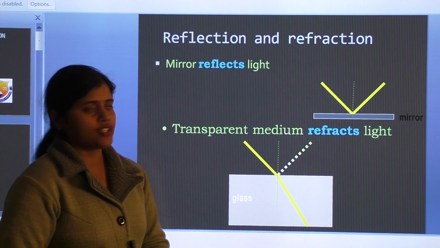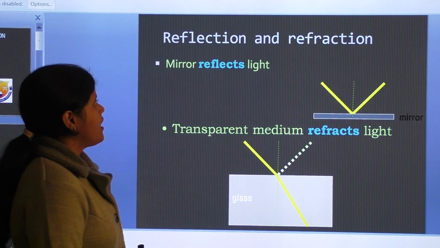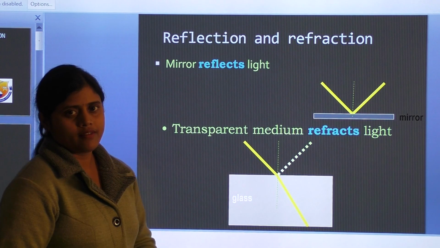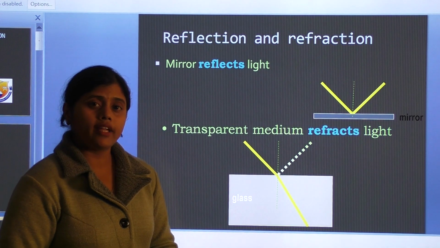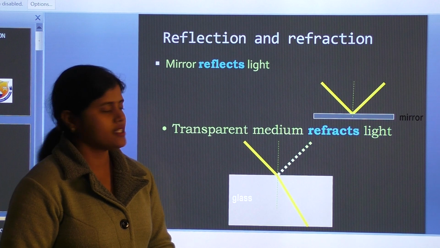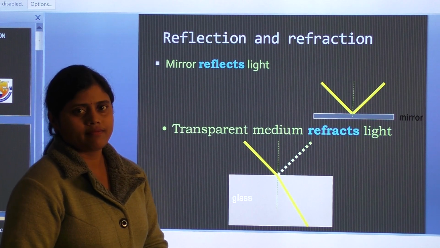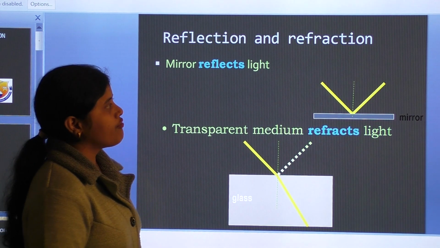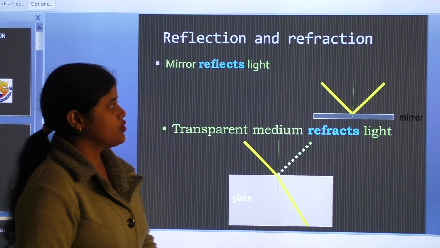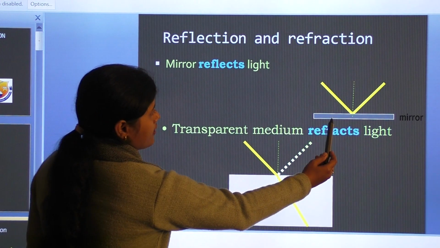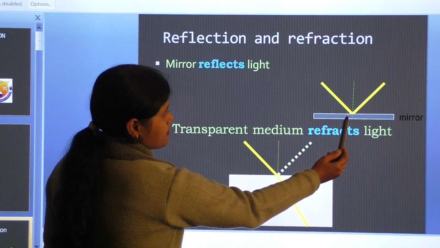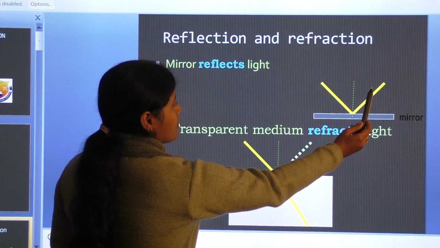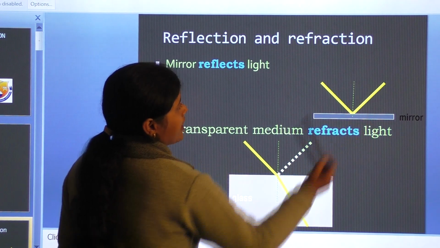So in case of reflection, basically what happens? A mirror reflects light. Obviously, you can see that when light falls on a smooth and shiny surface, it reflects light. Basically, the direction of light changes. You can see this is a mirror and an incident ray falling on this mirror is bouncing back in the same medium, changing its direction.